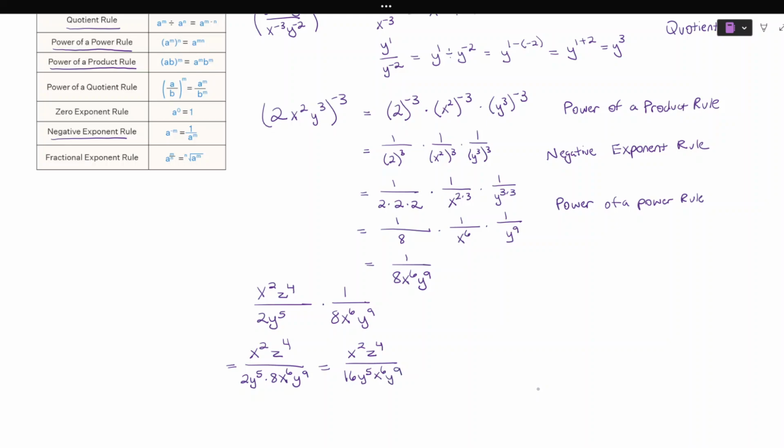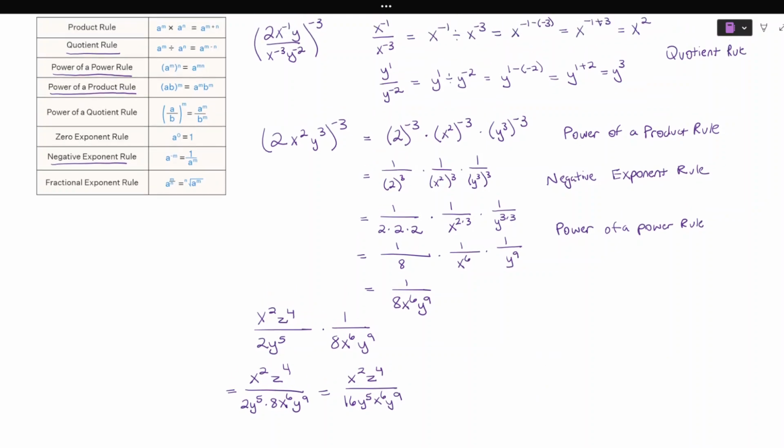Okay, then I can start combining terms in the denominator. So the y to the 5th, y to the 9th, I can use the product rule. So y to the 5th times y to the 9th becomes y to the 5 plus 9, which is y to the 14th, is what this is going to become using the product rule.